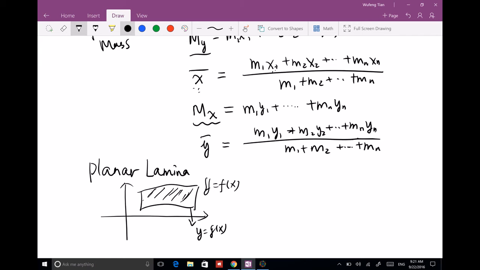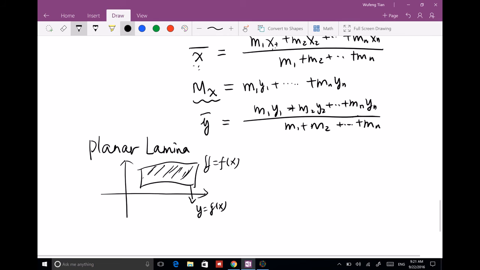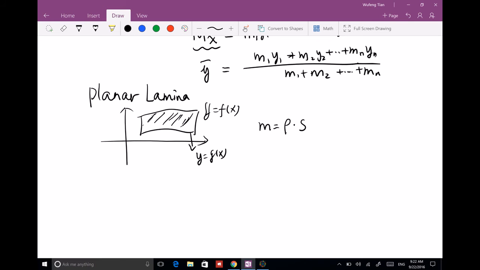It's not a point anymore. The whole thing has a density for each small piece. Okay, you have a density, you have the area. Since it's two-dimensional, we don't have the volume. We would need m equals rho times v, but this is just two-dimensional, so we just have rho times s. I will also have two formulas for the centroids.